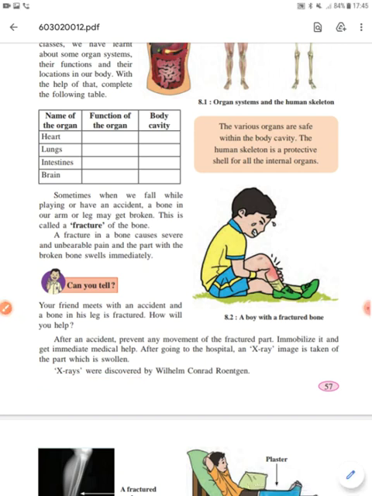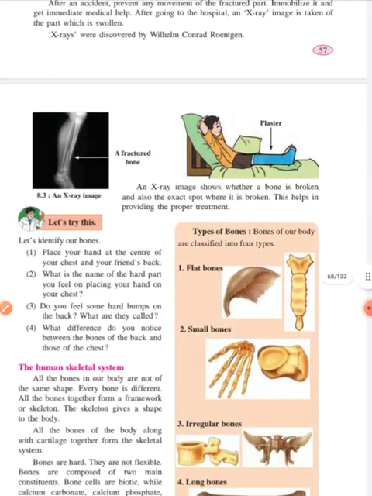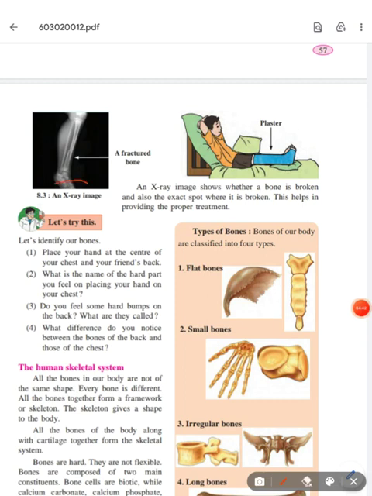In exams, many times they ask the question: who discovered X-rays? You have to remember this answer, right? This is an image of an X-ray, how it looks.